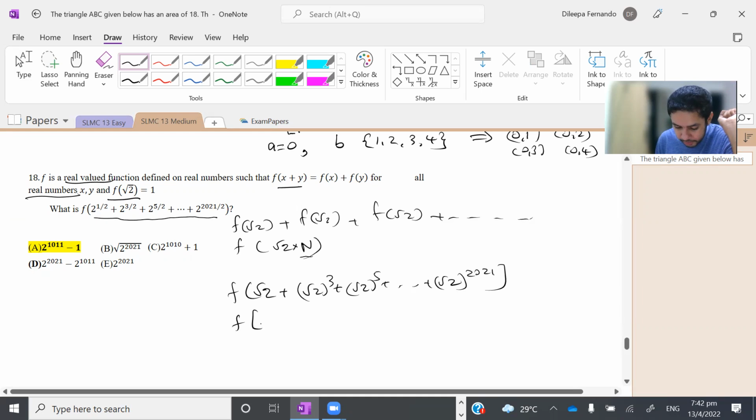So first we can take root 2 out, because that is the first part, and then 1 plus root 2 to the power 2 plus root 2 to the power 4 and so on, up to root 2 to the power 20.